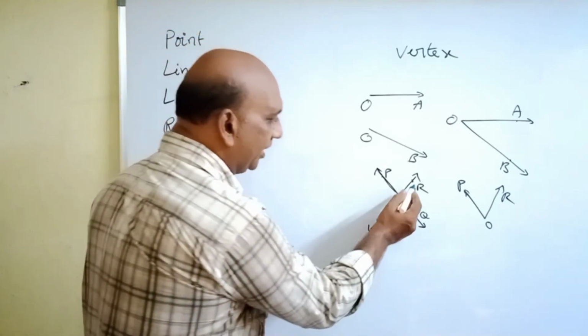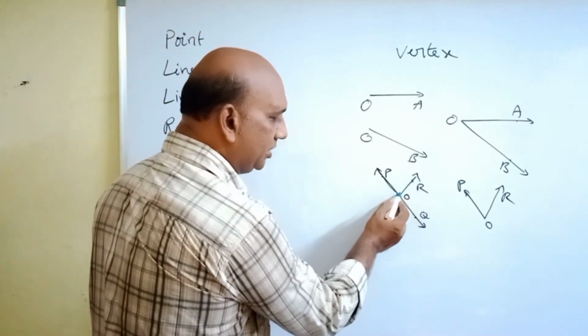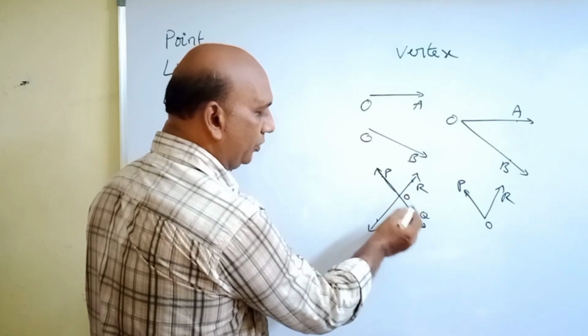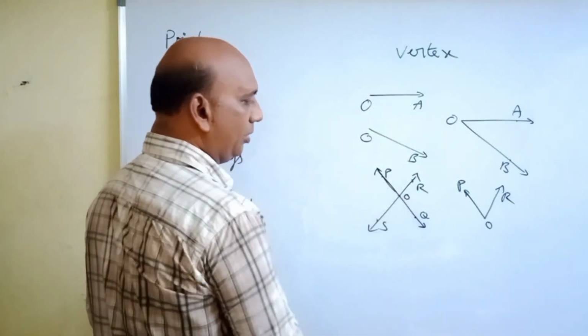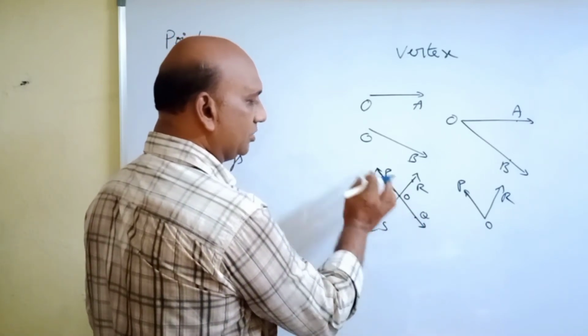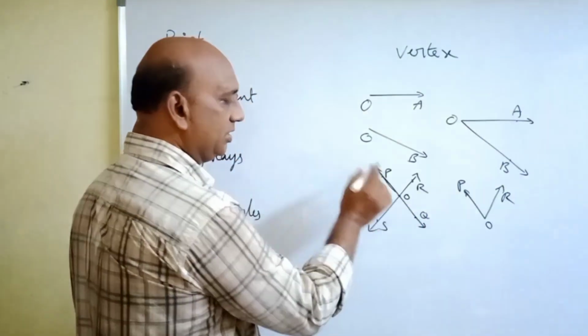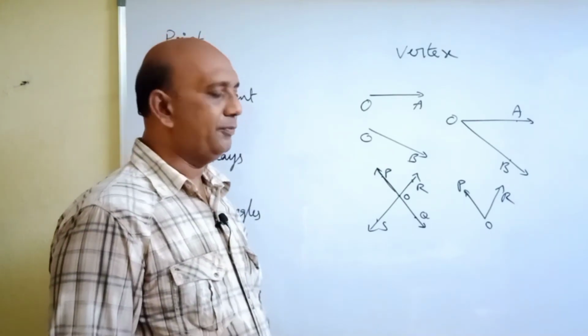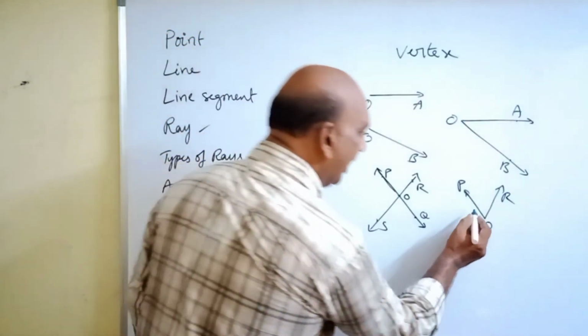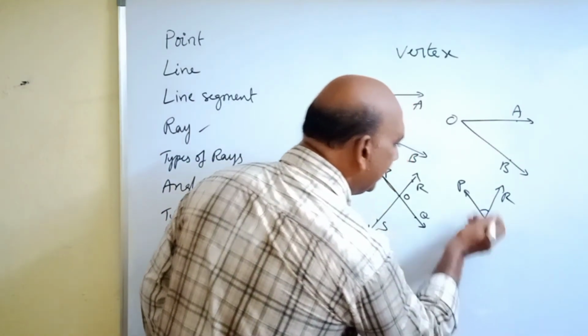And for this figure ROQ, O is the common endpoint. For SOQ also O is the common endpoint. That is, the vertex of this figure is also O and the vertex of POS is also O. If you observe carefully, there is some gap between these two rays near the vertex.